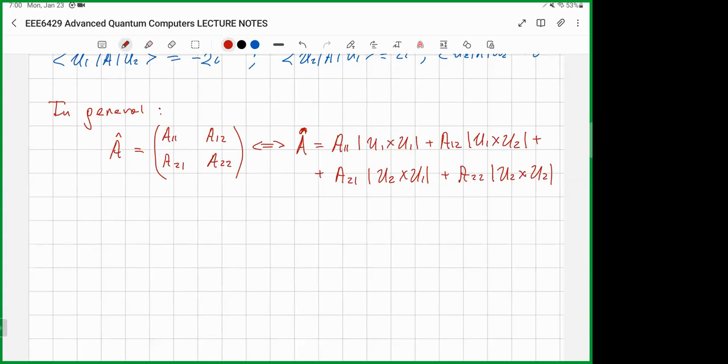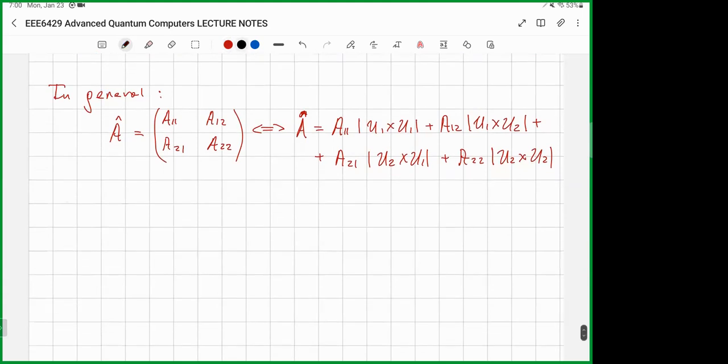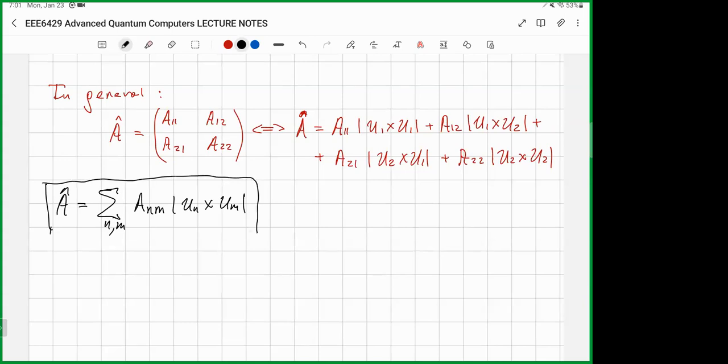Or I can write the same this way: the sum over n and over m, so basically the sum runs twice, of elements a_nm and outer products u_n u_m. This is the general formula.